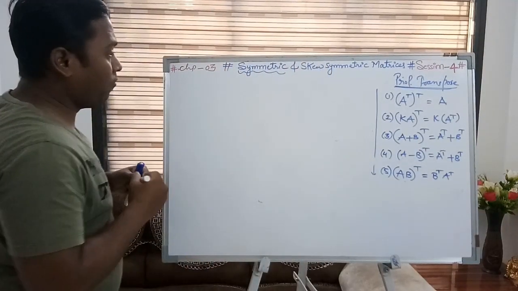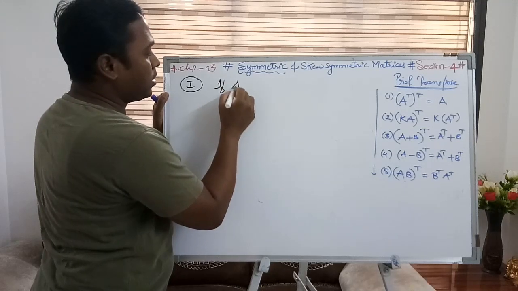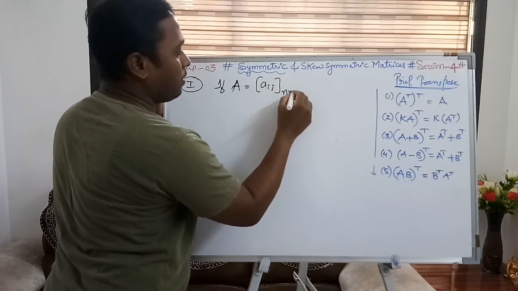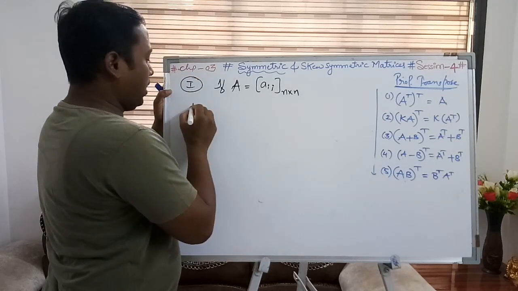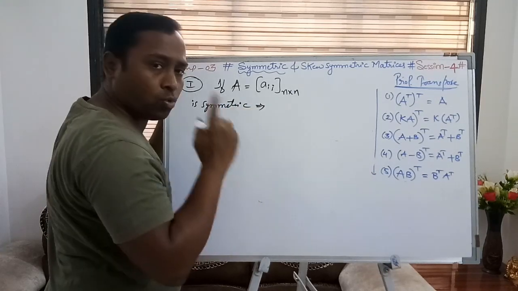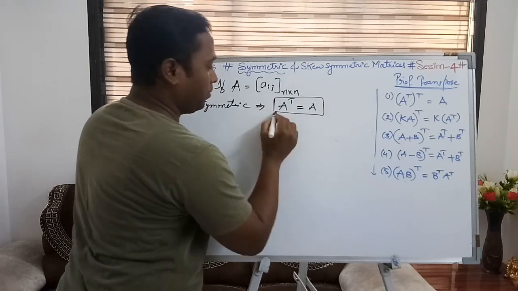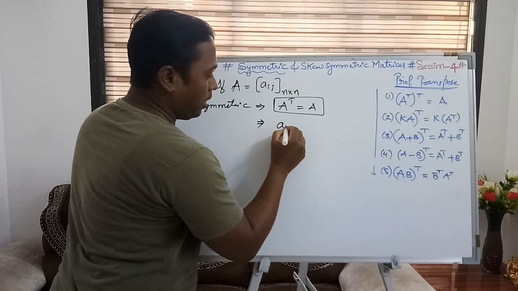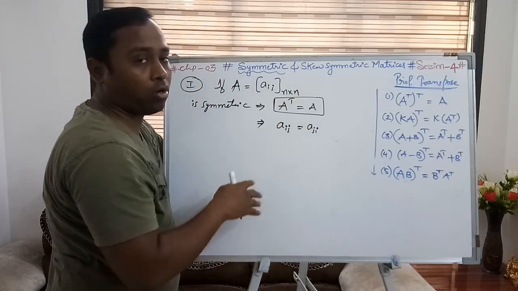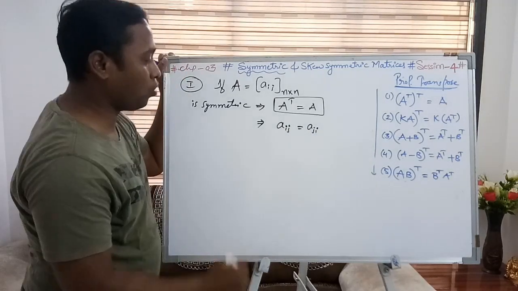Finally, what we have understood: the first one is, if a matrix A of the form Aij of order n by n is symmetric, then the transpose of A is equal to A, which also implies that the element Aij becomes Aji, that is, rows and columns are interchanged. So ultimately the A12 element becomes A21; its position is reversed in this way.